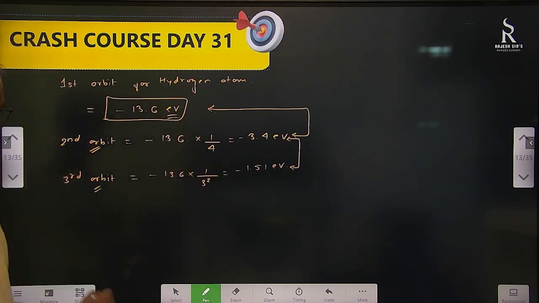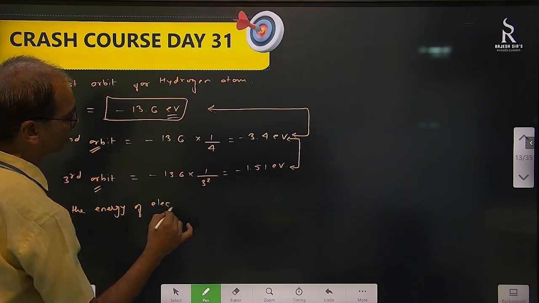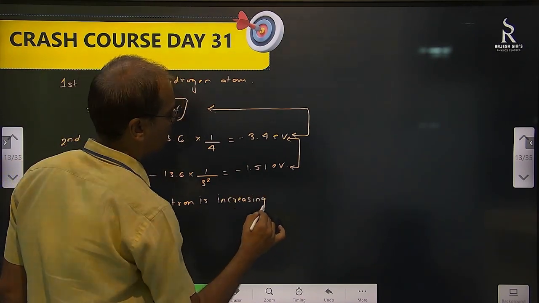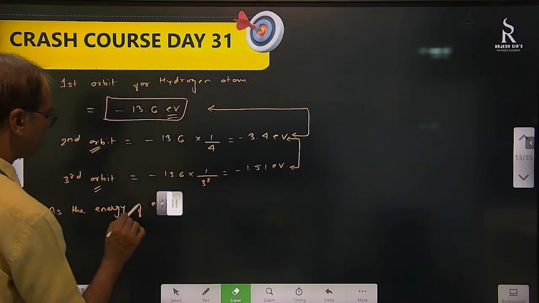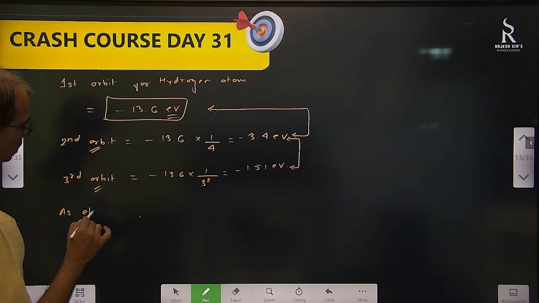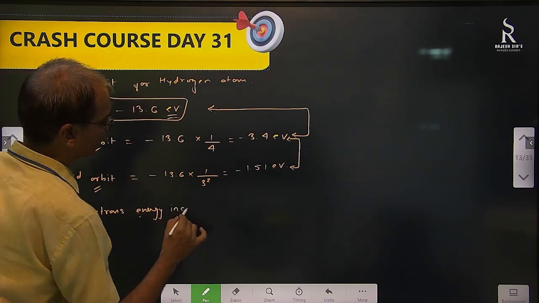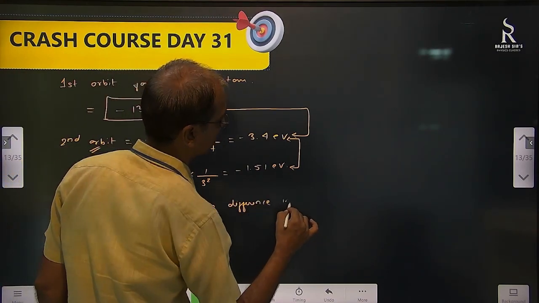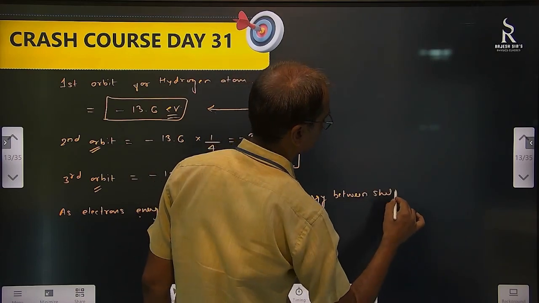So here is what we are saying: as the energy of the electron increases, the difference in energy between shells decreases.